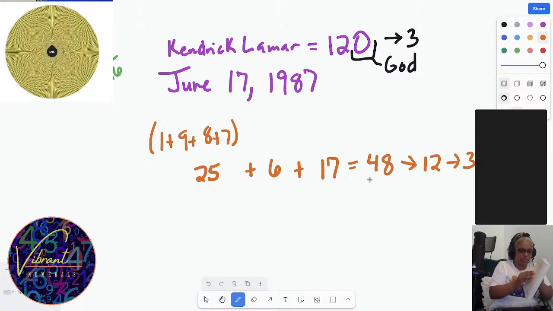Let me see. So 48. All right. So 48. The first sentence is, worldly success comes to you quite easily.